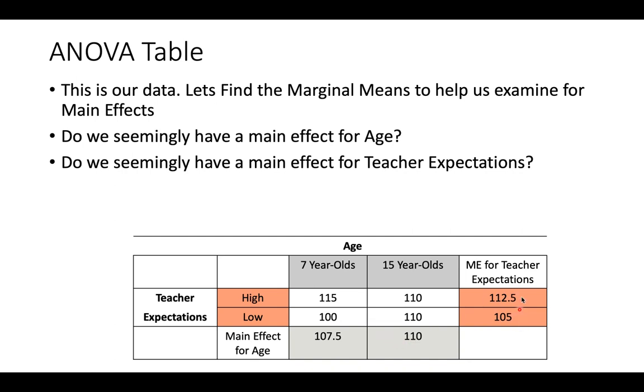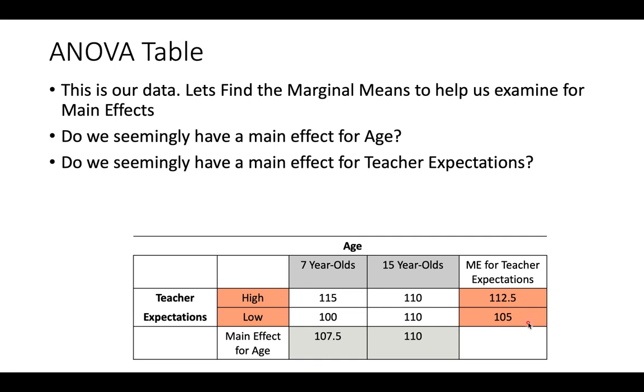Now let's look at the main effect of teacher expectations. For students, regardless of age, we average our 7 and 15-year-olds together. Regardless of age, students with high teacher expectations have an IQ of 112.5, and students with low teacher expectations have an IQ of 105. So this is a little bit more of a difference. We're talking about 7.5.